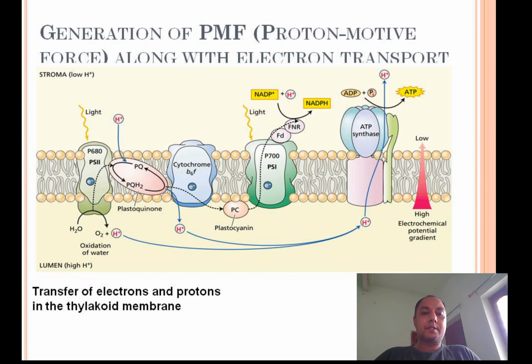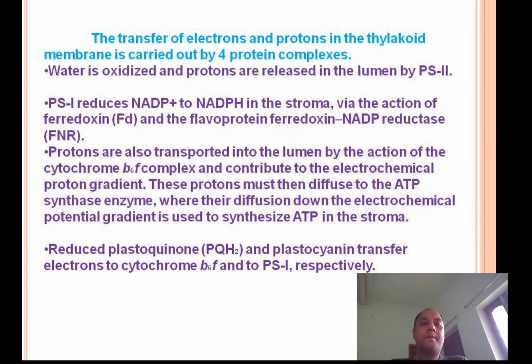In this diagram, you can easily see that protons are higher on one side of the membrane and lower on the other side, and this creates a kind of force which drives ATP synthesis. Such a force is called the proton motive force. So here we can see whatever we have discussed earlier.